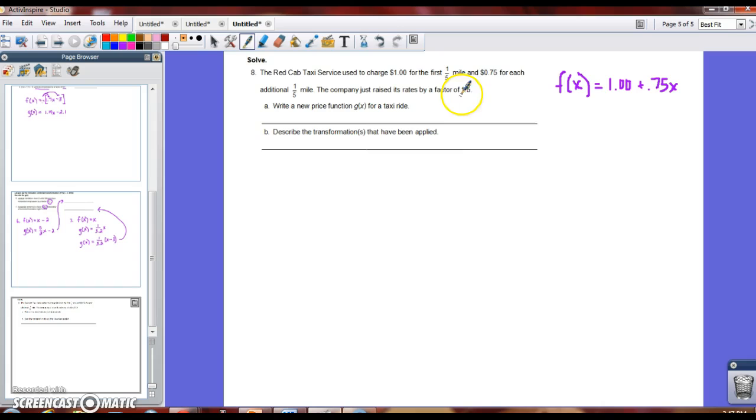But now what we're doing is we're multiplying that by 1.5. So instead of maybe a taxi cab ride costing $10, it now costs $15 because we multiply that by 1.5. So our function g of x is taking this entire function that we started with and multiplying it by 1.5.